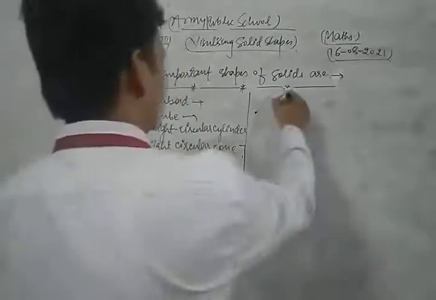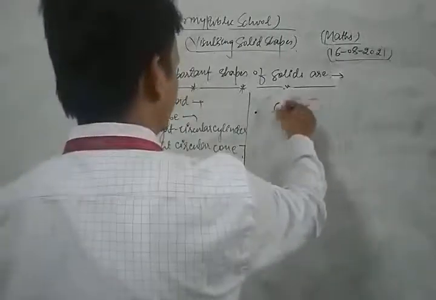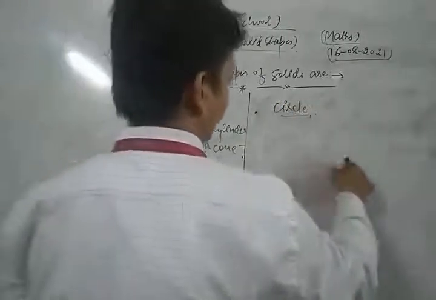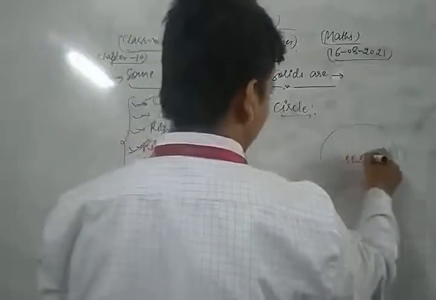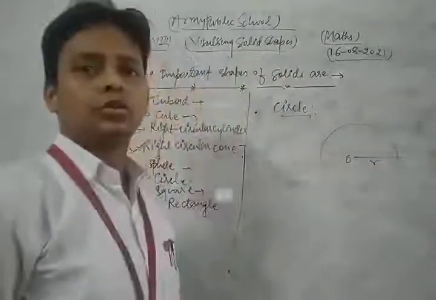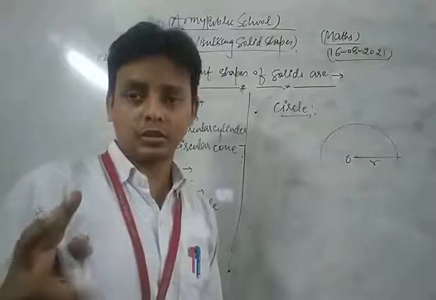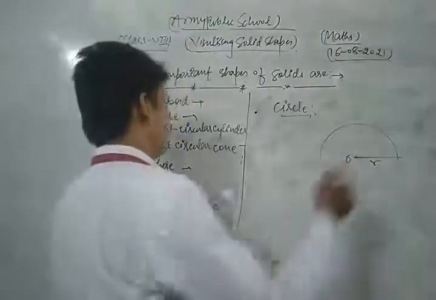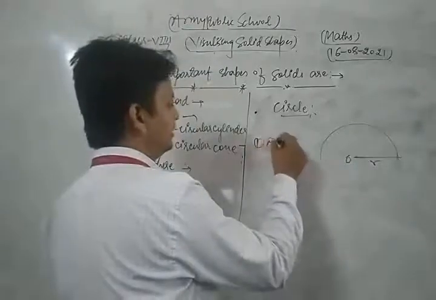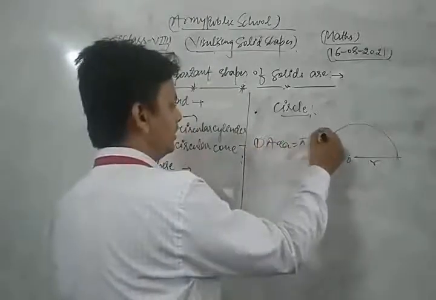Now we are going to discuss the circle. You know that circle is a very easy concept. This is the form of circle, this is the center of the circle, and this is the radius of the circle. There are two very important formulas related to circle. First one is its area, which is pi r square.